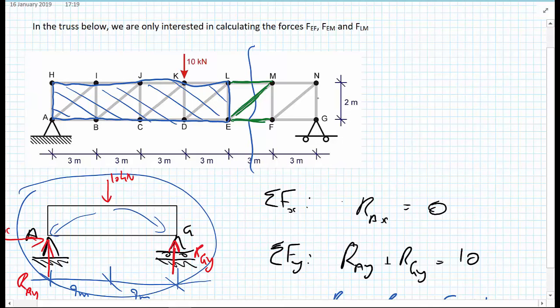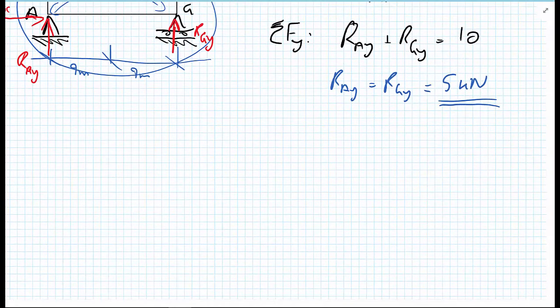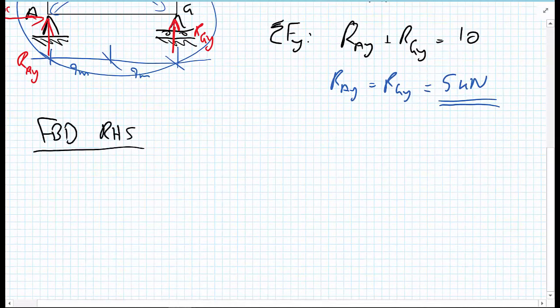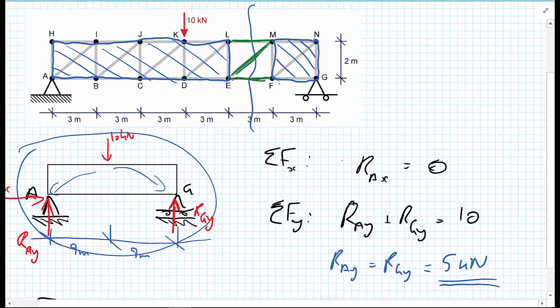And on the right-hand side, we don't care about any of the forces, for example FMN, so we can consider this just to be a rigid block, which considerably speeds up the process, so you don't have to go along drawing individual bars in the system. So let's draw the free body diagram of the right-hand side. In this case, let's look at what we had. We had this rectangular section FGNM.